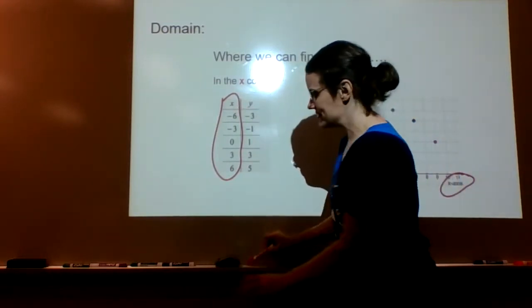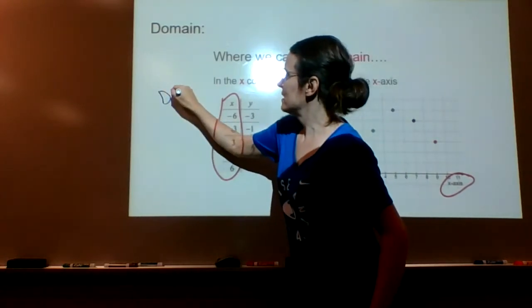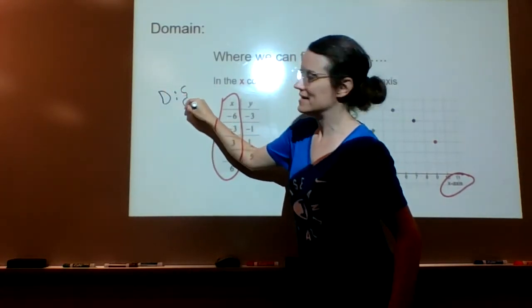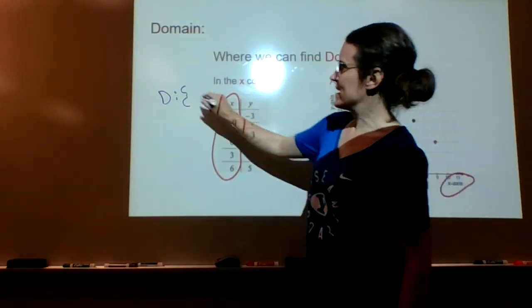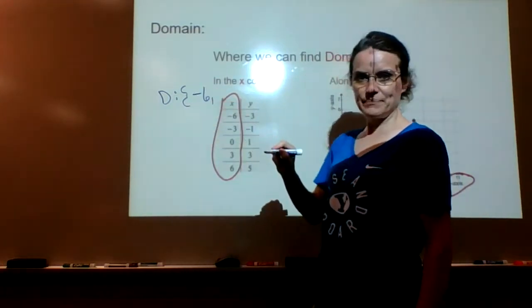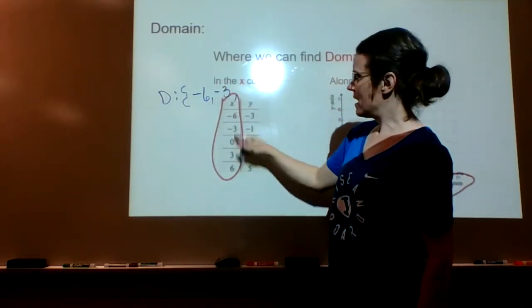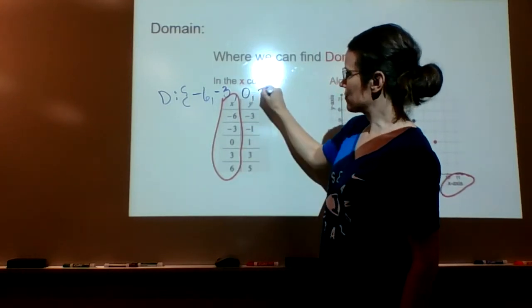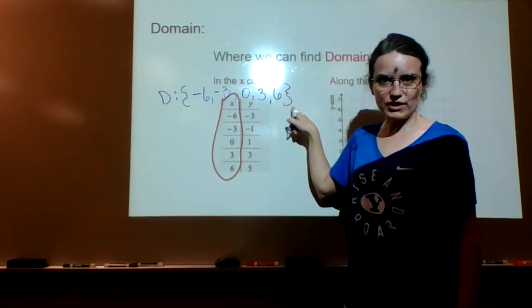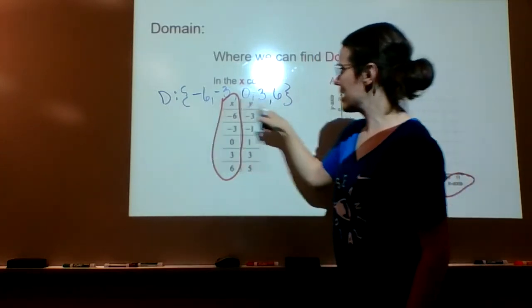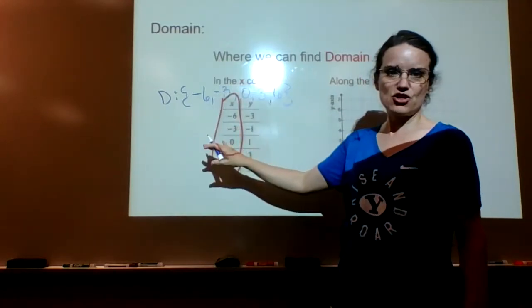So my domain is going to include, you make a set of curly brackets here, and you go, okay, I've got -6 in my domain, a -3, a 0, a 3, and a 6. And then you close it with another little curly bracket. These 5 x values are the domain for this function.